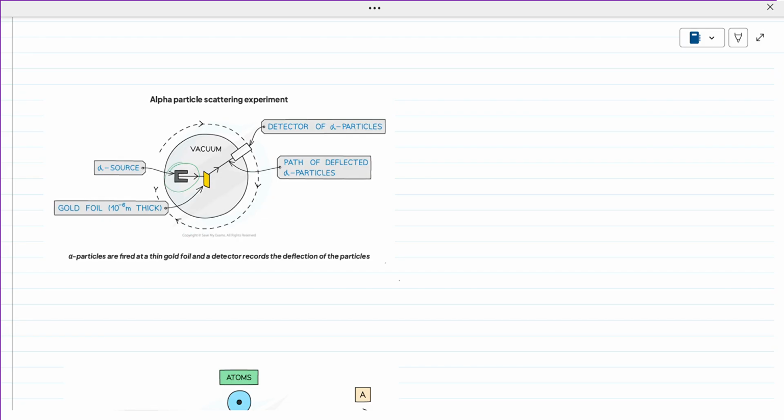So the first one that I've encircled, this one, we are going to discuss it. The first one is a lead block, which is used as a collimator.